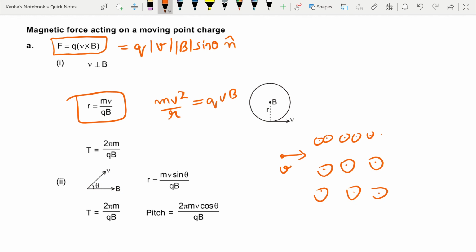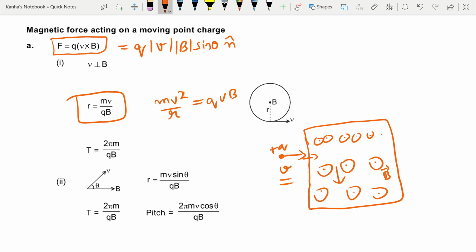I'll just show you with this example. My velocity, my electron, or let's say let me call this a positive charge plus q, is moving with the velocity v. As soon as it enters this region where there is a magnetic field B in the upward direction, first of all I need to take the cross product between v and B. When I take the cross product, I will see that the direction of force will be in this way.